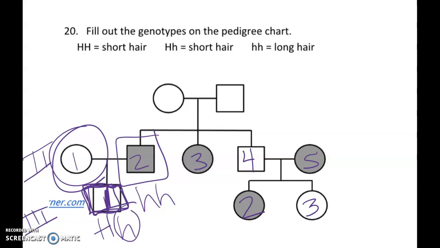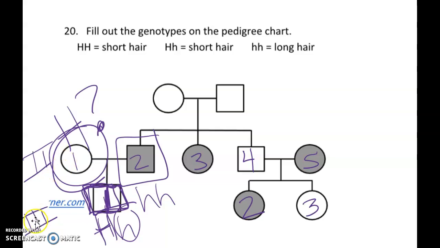We know that he gets his mother's big H. So this person must be big H, but do we have enough information to know the rest? Without more offspring, we really don't know. This one could be homozygous or heterozygous dominant. Individual generation 2, number 1, can be homozygous or heterozygous dominant.